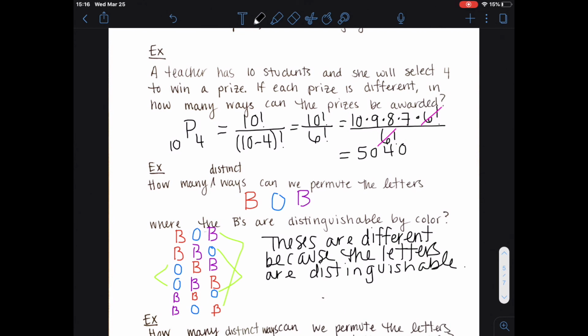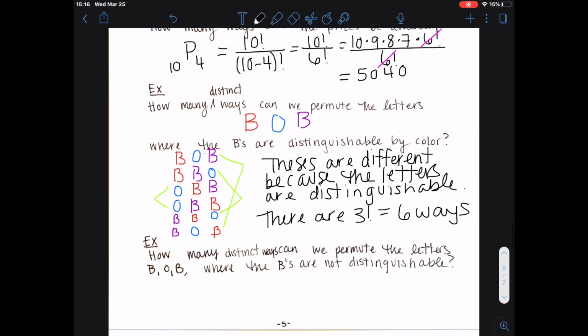So really, there are 3 factorial, which is 6 ways to arrange them. So you have 3 objects that you're arranging, and each one is distinct. Now, if we can't actually tell the difference between these letters, so the B's look exactly the same, all of those cases that looked similar before are now the same.